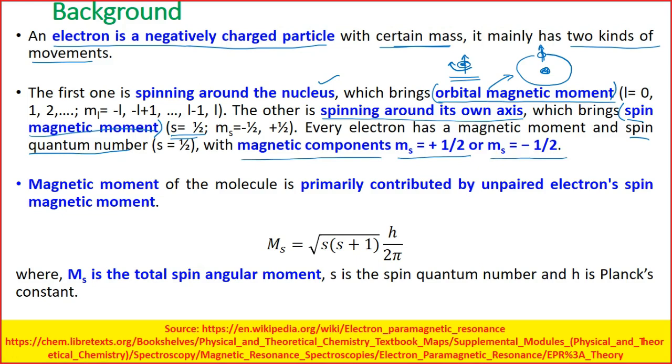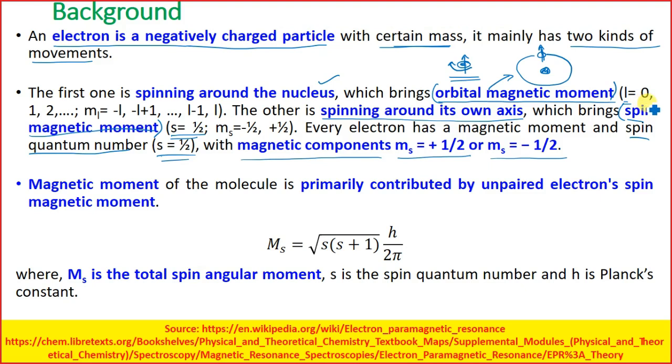In proton NMR, the protons were moving on their axis, so we had the spin quantum number S equals half and magnetic components as plus half and minus half. On the contrary, if you see the orbital magnetic moment, it has different values.